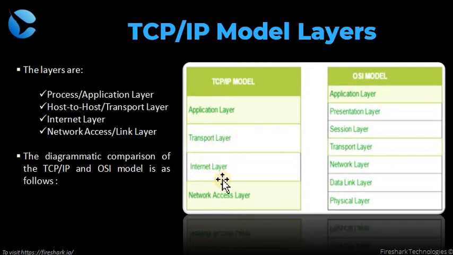So, the TCP/IP model has four layers while the OSI model has 7 layers. The original TCP/IP model suite, which was designed as having four layers, contains host-to-host network, internet, transport, and application layers. However, when TCP/IP is compared to OSI, we can say that the host-to-host layer is equivalent to the combination of the physical layer and data link layer.